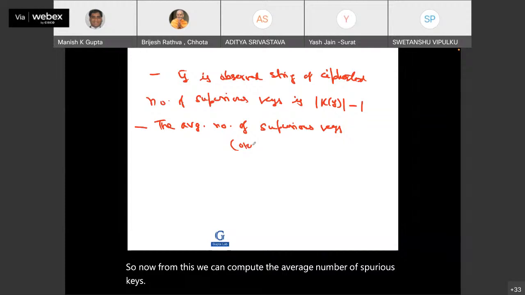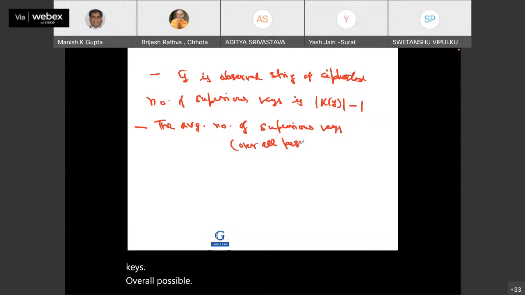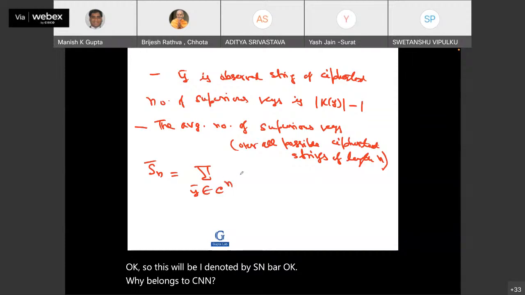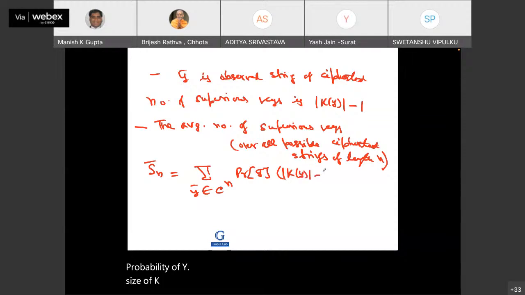Over all possible ciphertext strings of length n, I denote this by Sn bar: the summation over y belonging to Cn of the ciphertext probability of y times the size of ky minus 1.